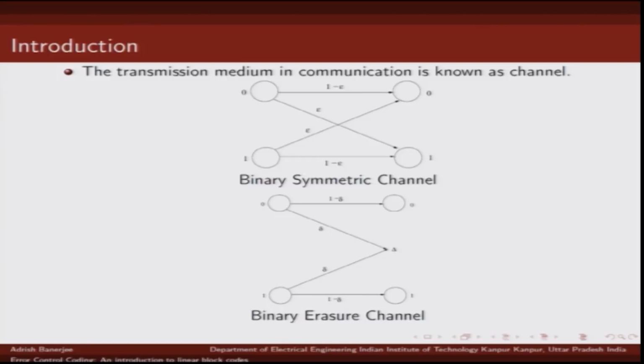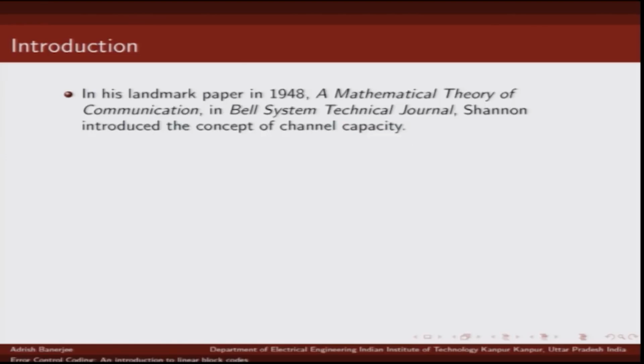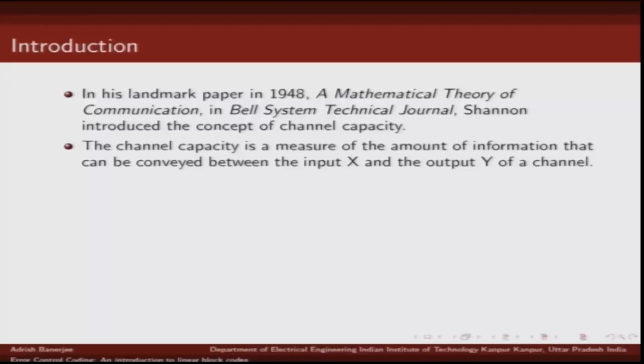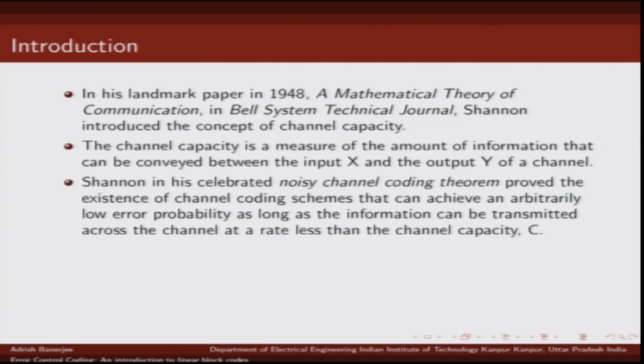In his landmark paper in 1948, Shannon introduced the concept of channel capacity: the maximum rate at which we can communicate over a communication link. Channel capacity is defined as the maximum amount of information that can be conveyed from the input to the output of a channel.